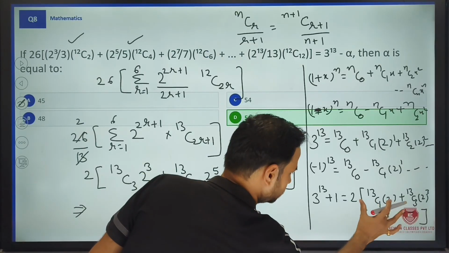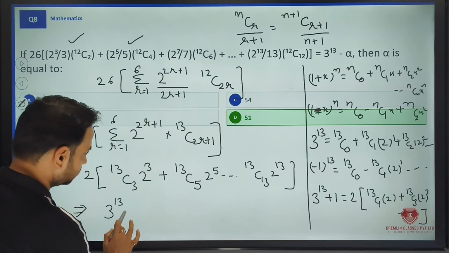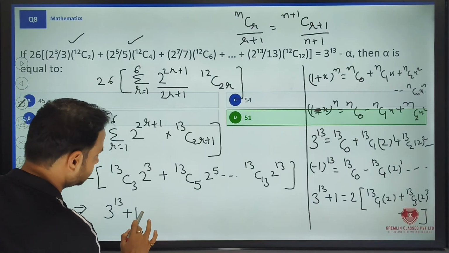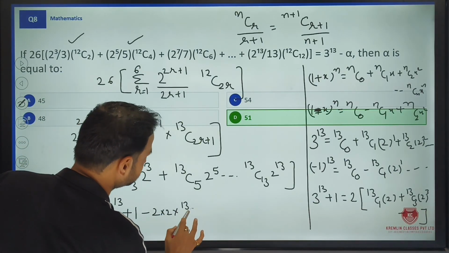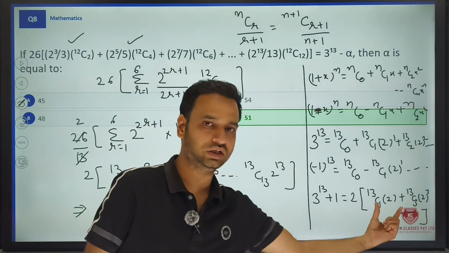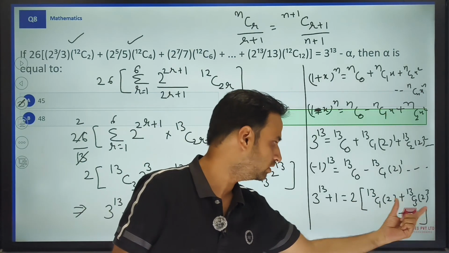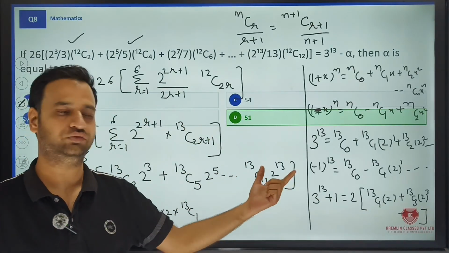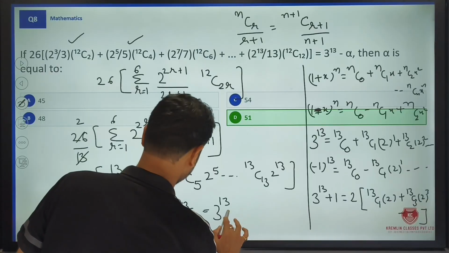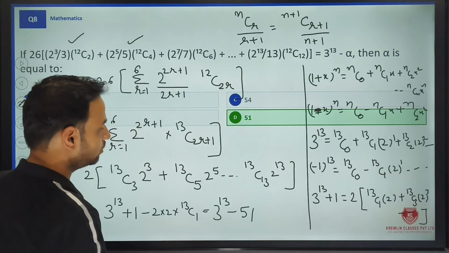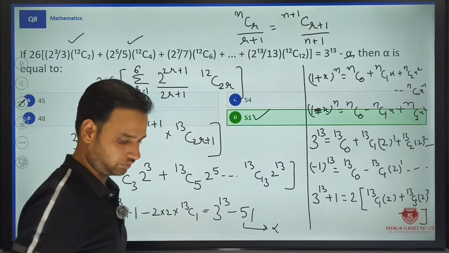We put this on the left hand side: 3 power 13 plus 1 minus 2 into 13C1. When I put this to the left hand side, we get exactly this equation. So this is our final answer, 3 power 13 minus 51. This is the value of alpha we have written here, it is 51.